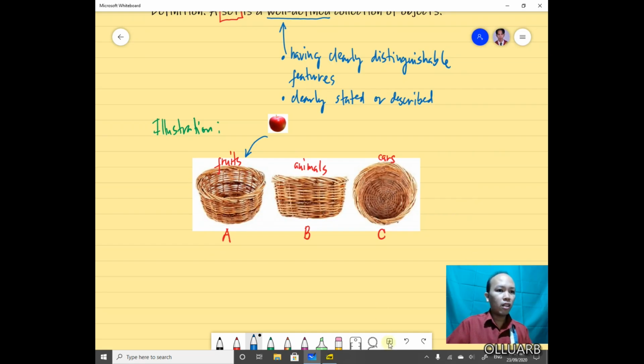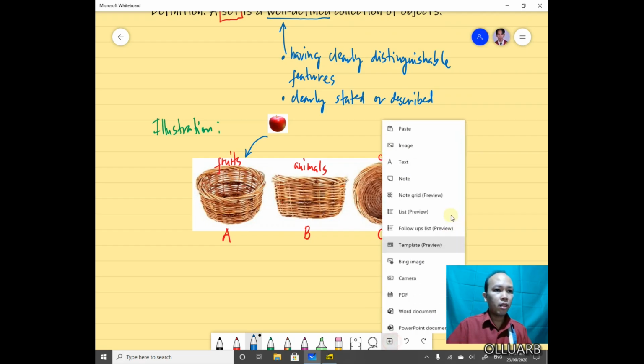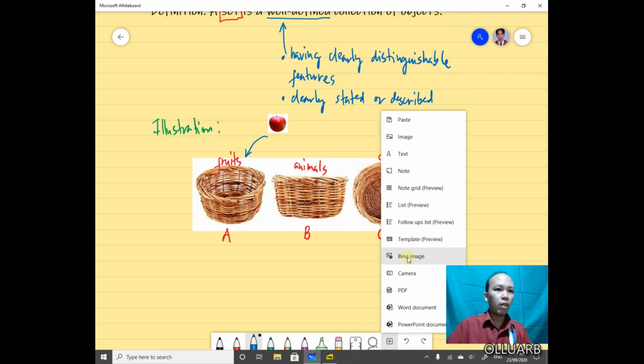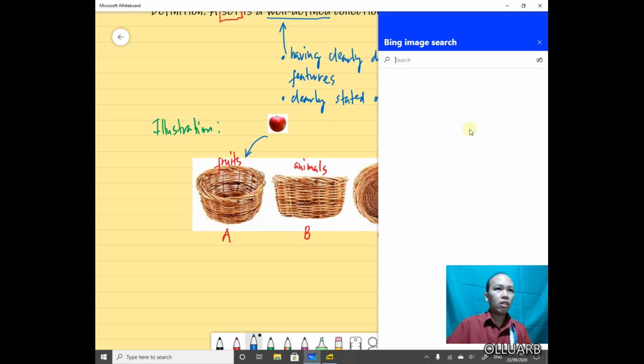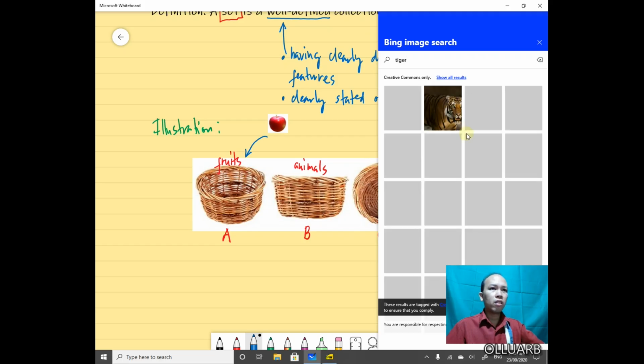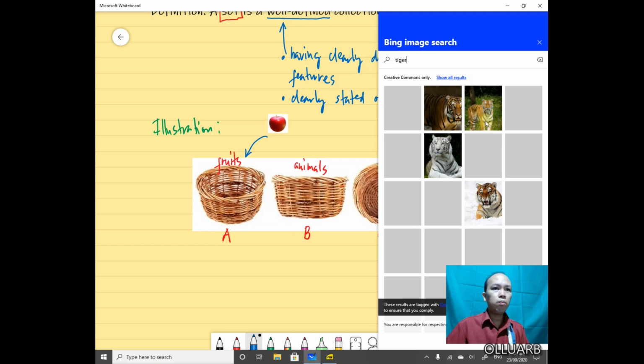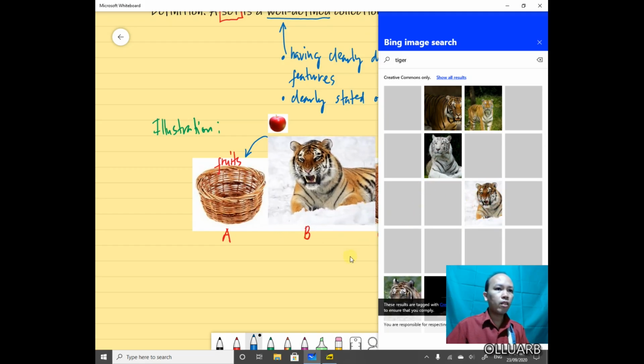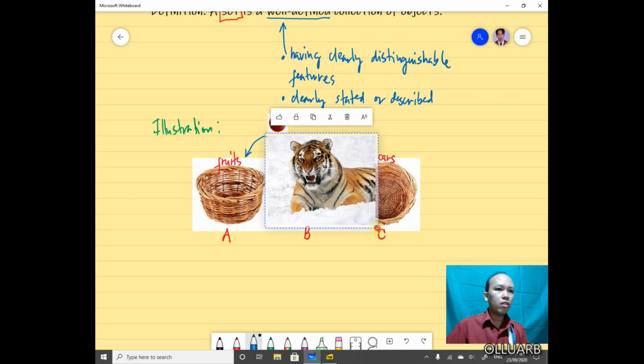Before I answer that, let's have another image here. Let's say we have a tiger. Okay, let's resize this.